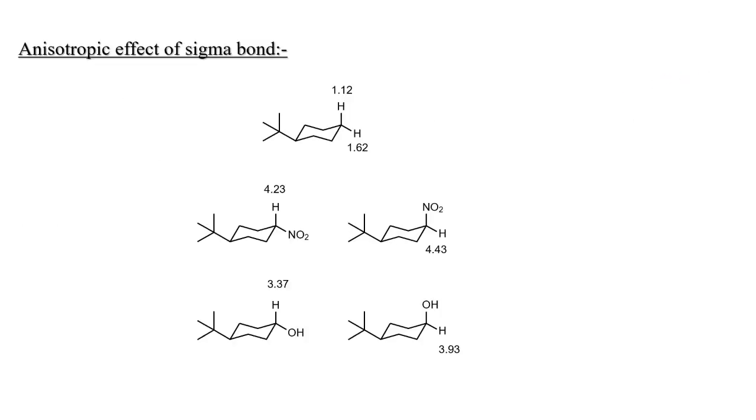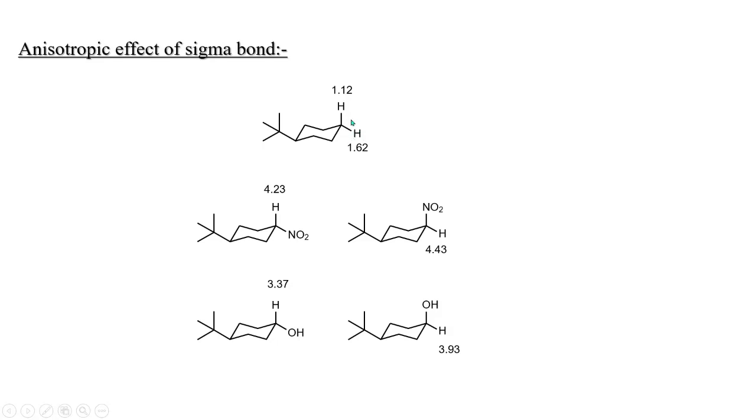Now we will discuss the anisotropic effect of the sigma bond. So I have taken a cyclohexane group. Now the restricted rotation is due to the presence of the bulky tertiary butyl group. Due to the restricted rotation, there will be two types of proton here. One is the axial proton and one is the equatorial proton.